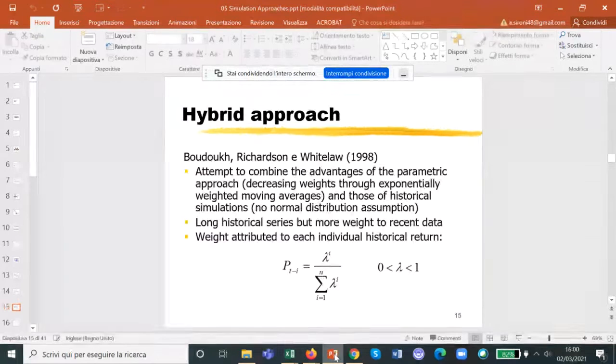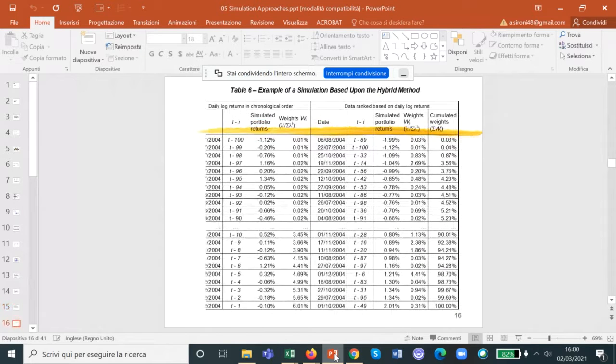Basically what it tries to do is to combine the best of two worlds, i.e., it uses the exponentially weighted approach that we looked at in the parametric approach, giving more weight to the recent data, and at the same time uses the historical simulation by looking at historical returns. Let me give you a very simple example of what the hybrid approach looks like.